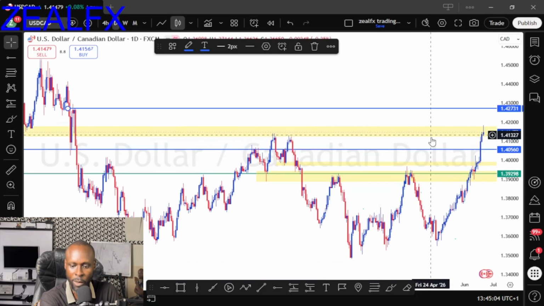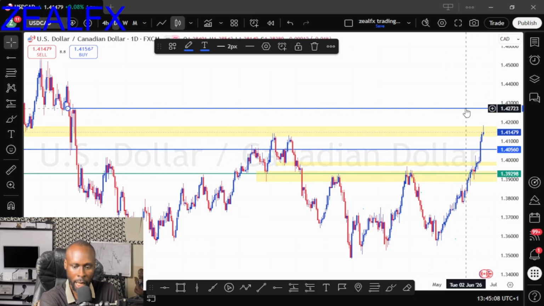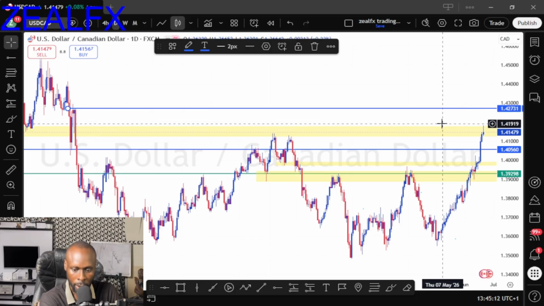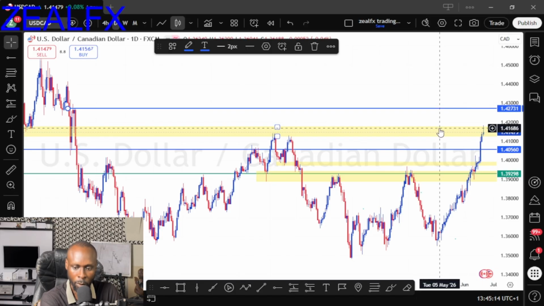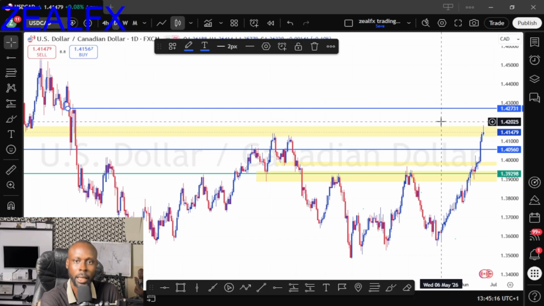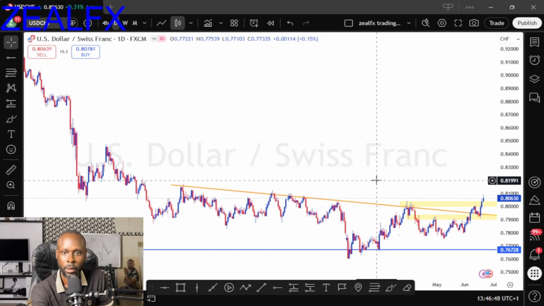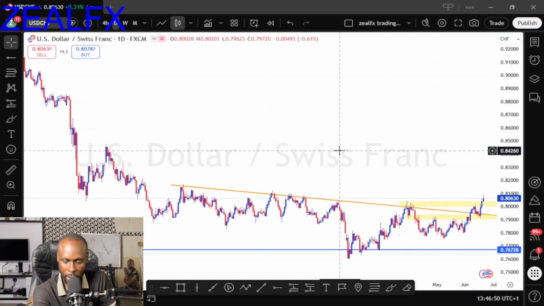So this level will be our target if we are buying from the dip for the CAD USD.